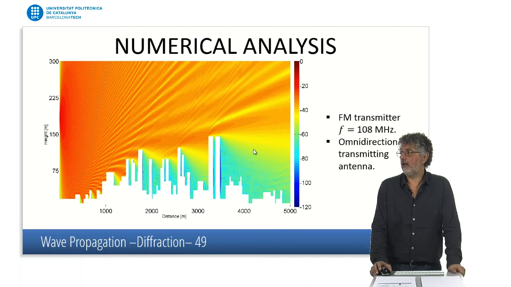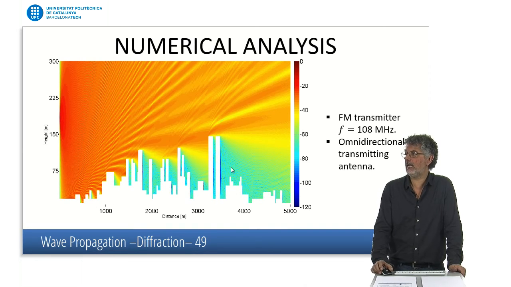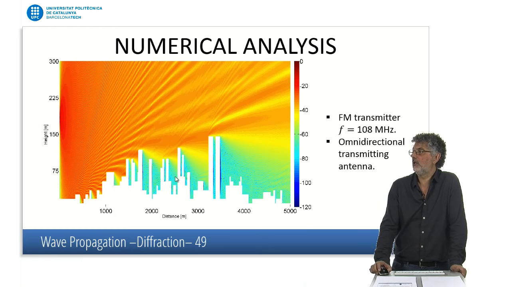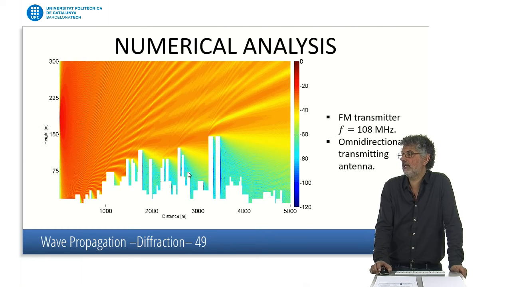Now, for more complex situations like this one, in which we are assuming that we have a certain skyline and a transmitting antenna here, maybe an FM transmitter at 108 megahertz, we can model, using that naive edge diffraction, how it's possible to have a certain signal received, although we have these blocking buildings, due to the diffraction.